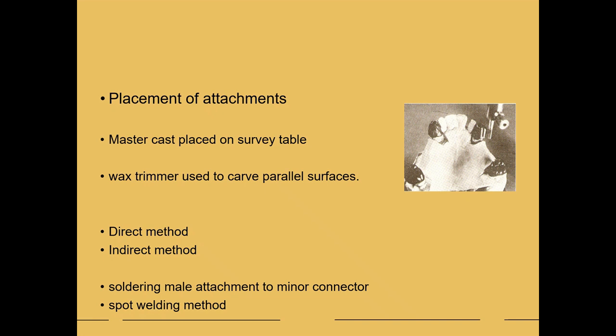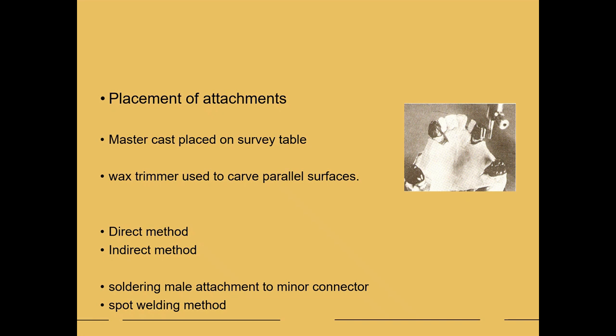Then there is the indirect method, where the female attachment is luted with sticky wax after the casting is made, and then it is invested for soldering. One of the advantages of this indirect technique is that as the abutments have already been cast before the attachments are soldered, alignment problems will be minimized.